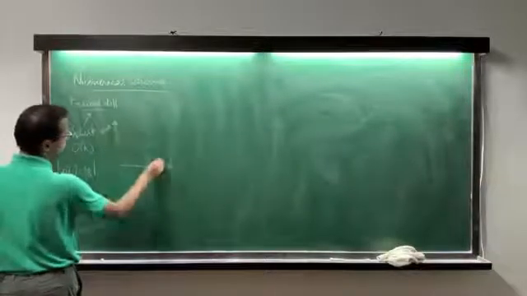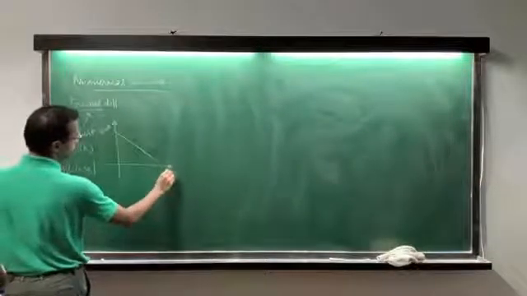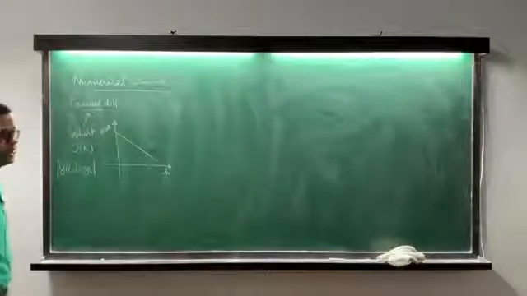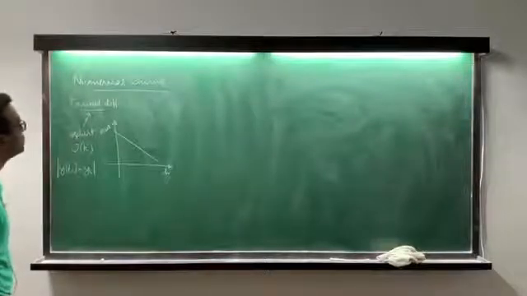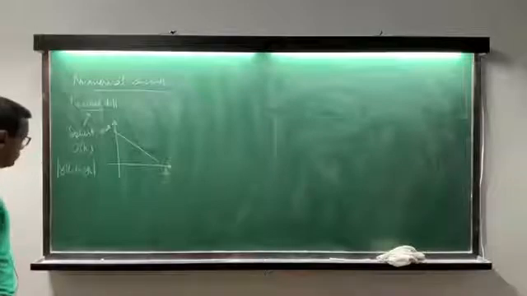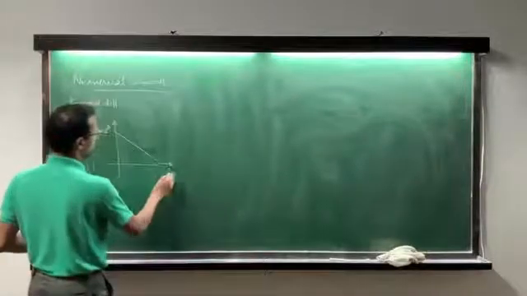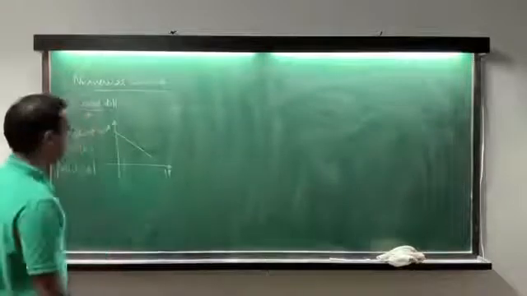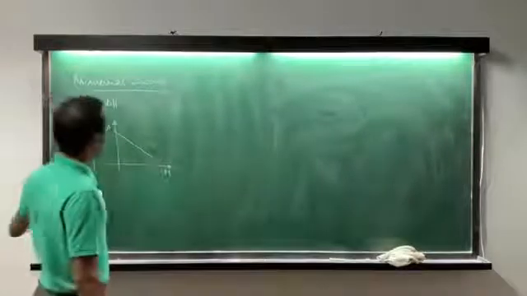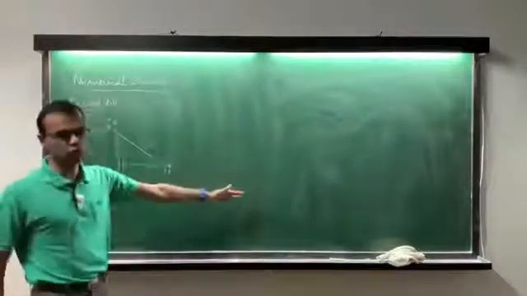The error will go down, and this is the interval size h, or the inverse of the number of points. Actually, let's make it the number of points, m. H reduces as you go from left to right.